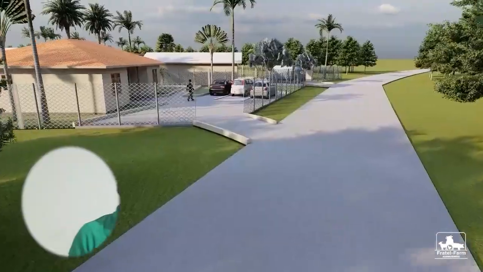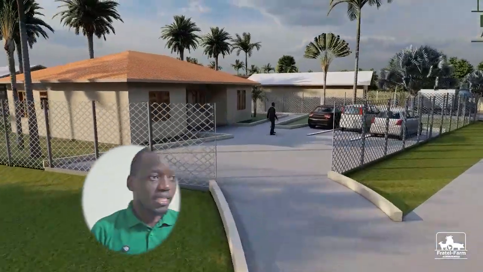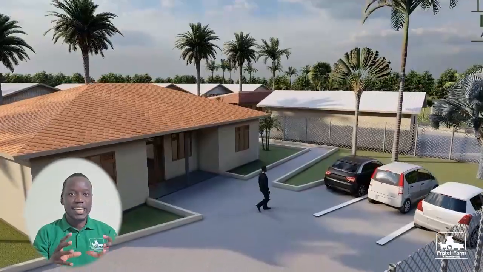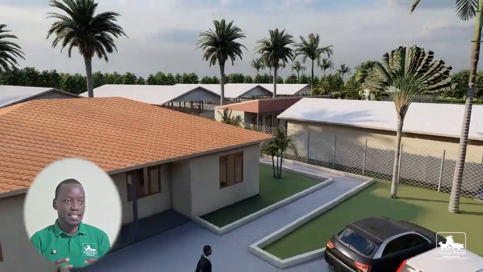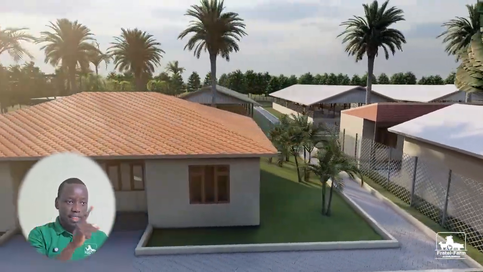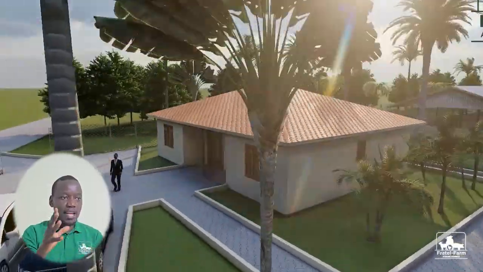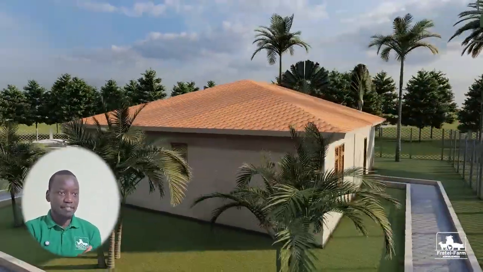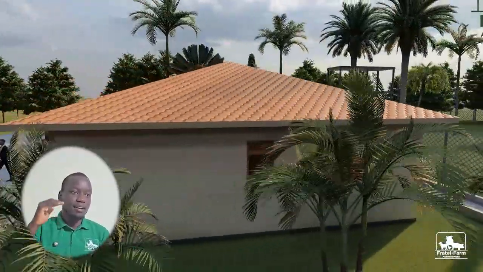So here I'm going to show you a 30 sow unit farm. And with this 30 sow unit farm, it has partitions. It has a first fence that is fencing off the home where the person is going to stay, very close to the road, and fencing it off from the piggery units.